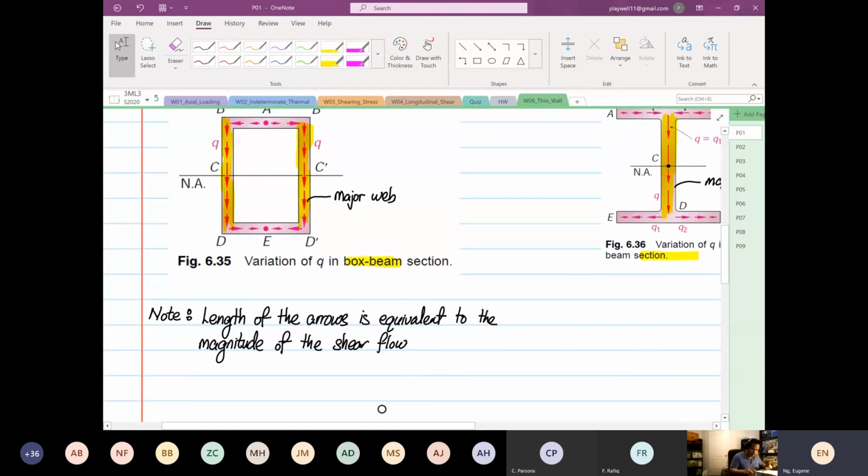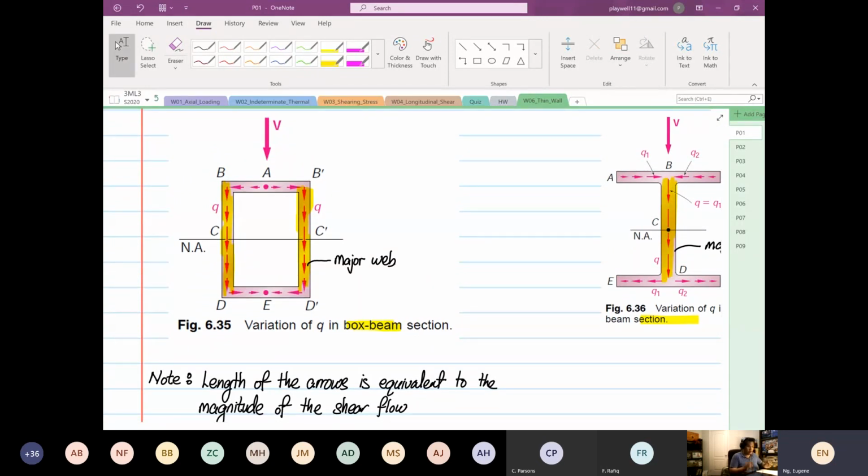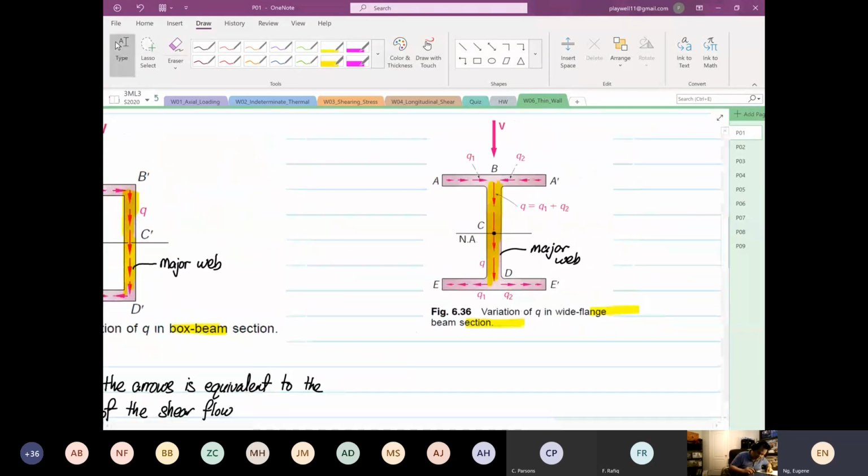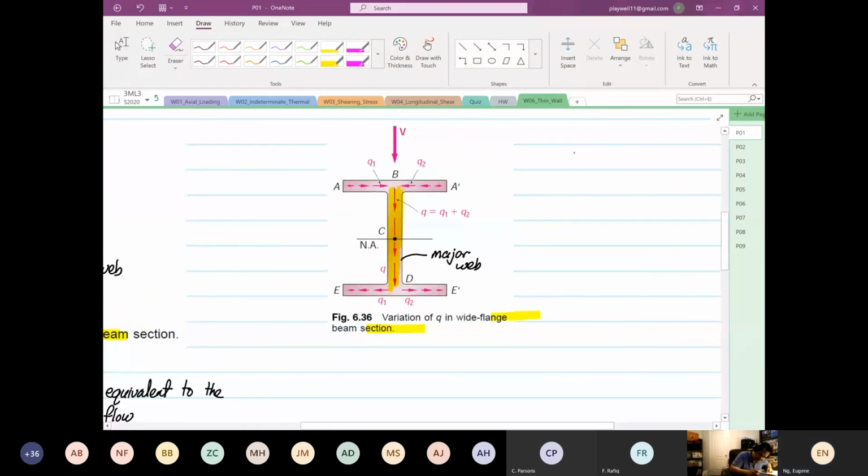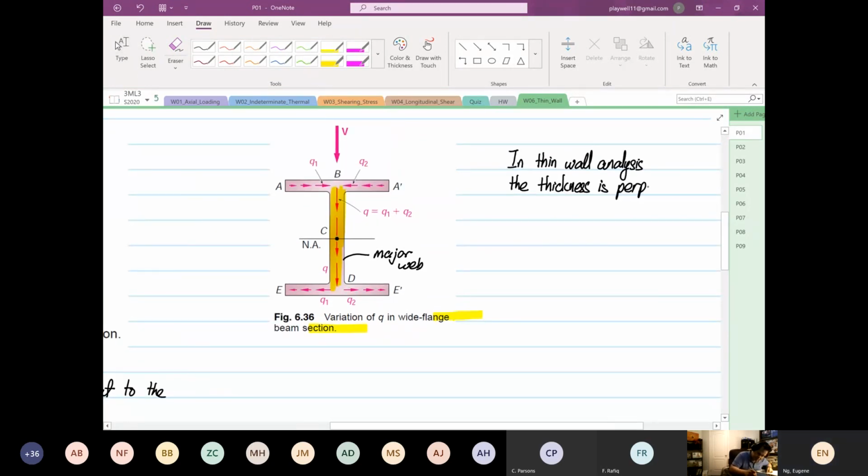What is the difference? In thin wall analysis, I'll write down here, the thickness is perpendicular to the shear flow Q. What do I mean by that?